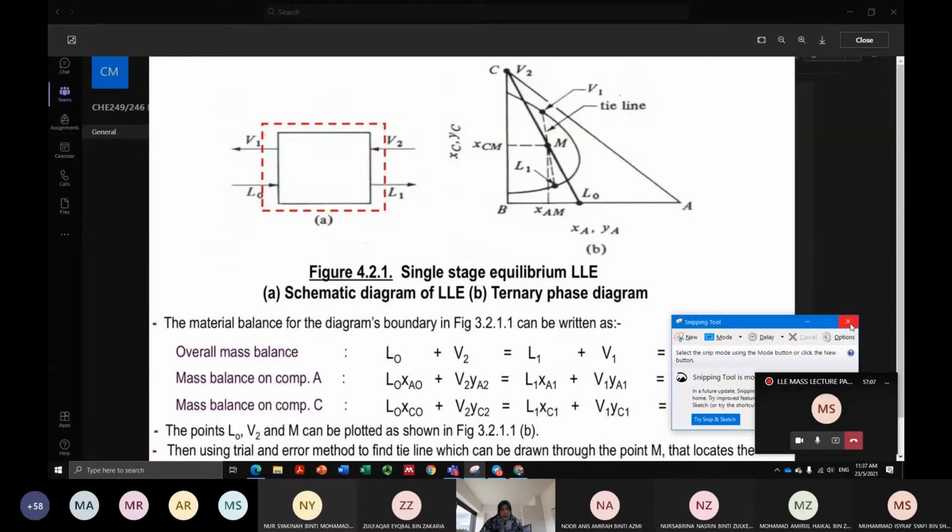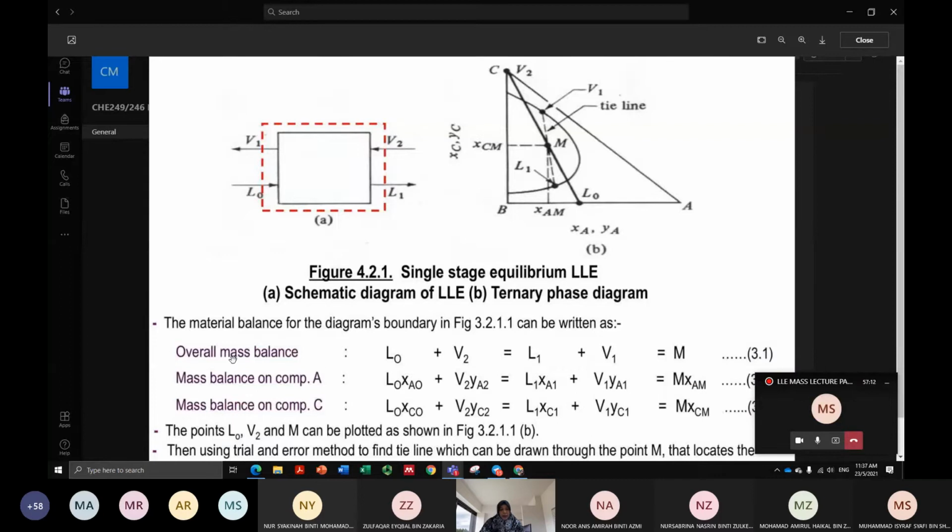For this single stage, the overall mass balance, you can have the inlet flow equal to the outlet flow. In is equal to out, and it should be equal to the M. M is the mixture, so that's why it is at the middle of the curve or inside the curve.